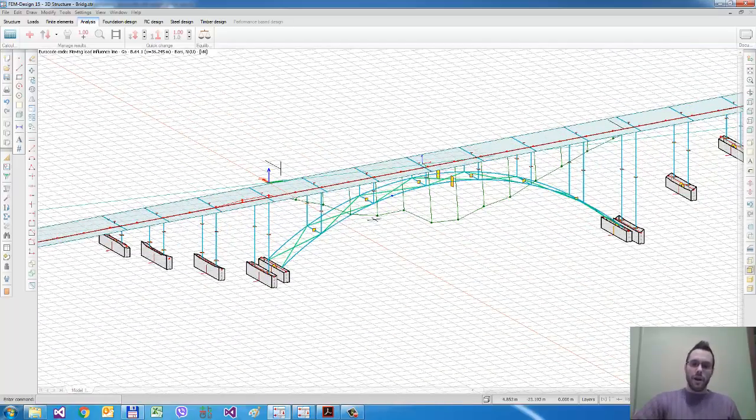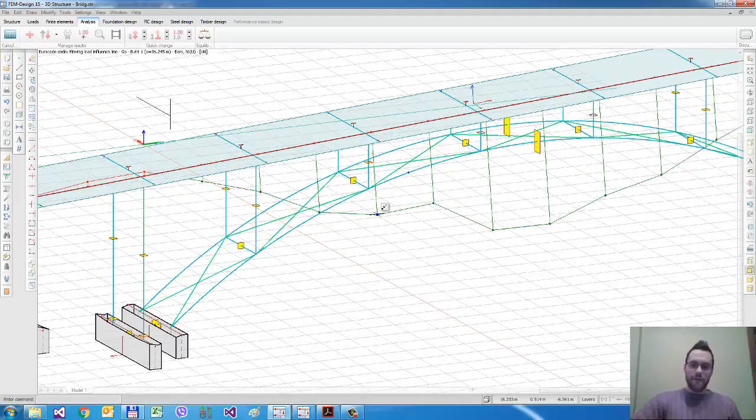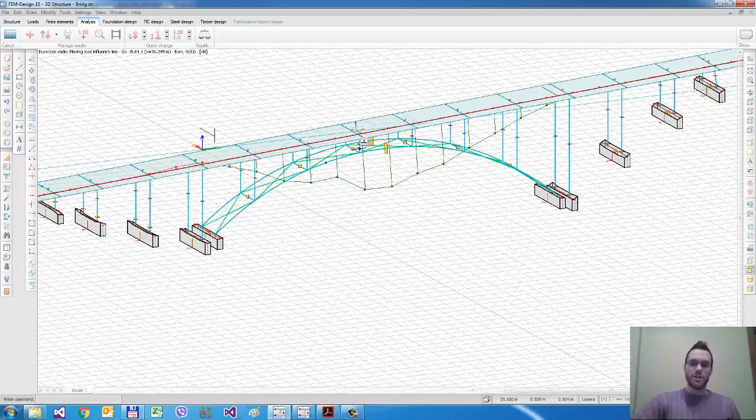So here we have minus 182 kilonewton compression in this cross section if the load is in this position. So when it's moving, the normal force is changing in this bar, in this cross section.